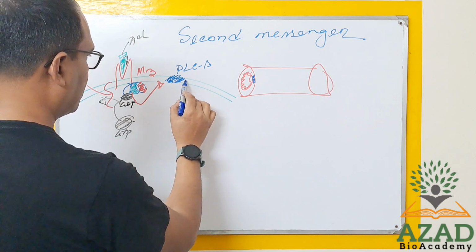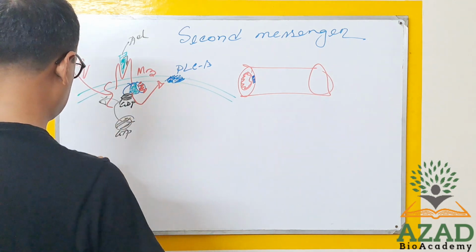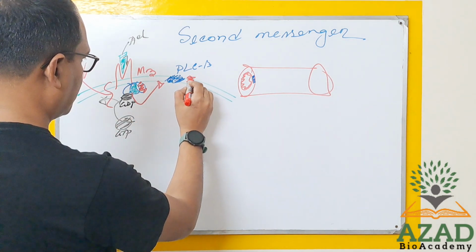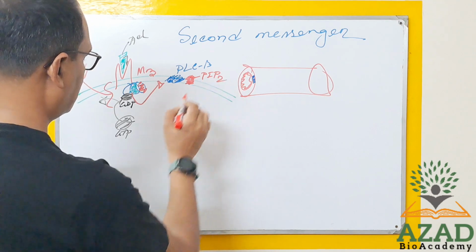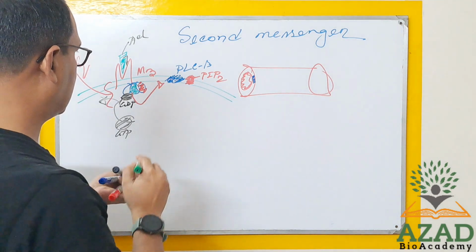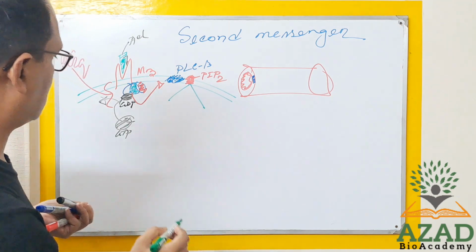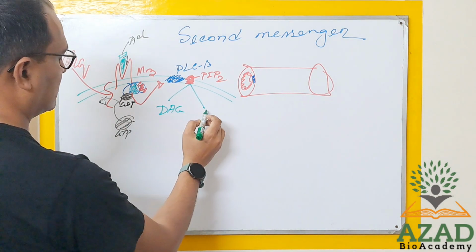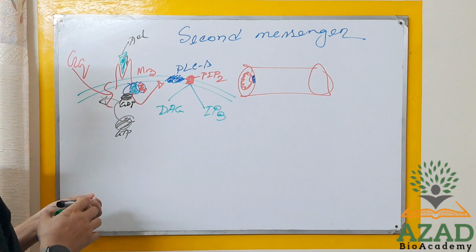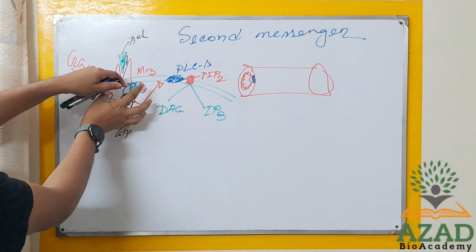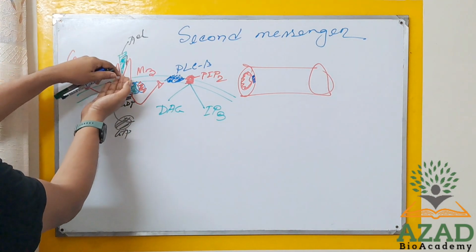That PLC will clip the substance present in the membrane, PIP2, phosphatidylinositol 4,5-bisphosphate, into two factors: one is DAG, and the other is IP3. The G protein was already present, but it was inactive before acetylcholine bound to the receptor.